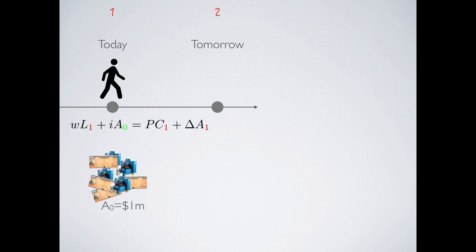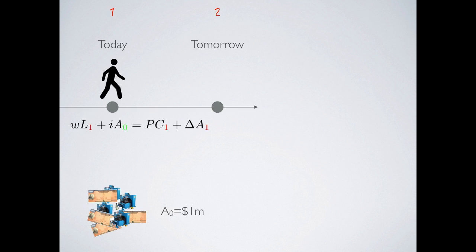Then what can this $1 million initial asset do for the household today is that the first thing is there is an interest return. So if the interest rate is 5%, then it's implied that this 1 million asset is able to generate some asset income of 0.05 million, which is simply the initial asset value times the interest rate.